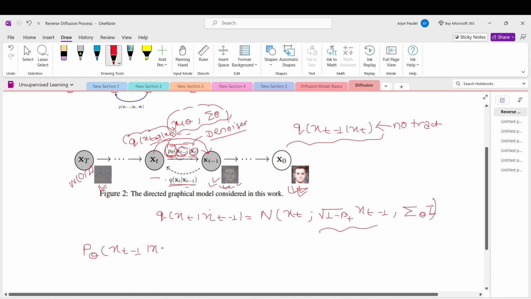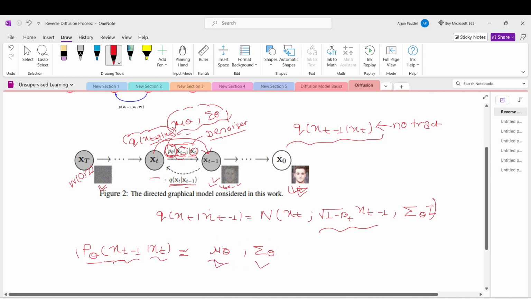This distribution can be obtained by learning mu theta, so we have to approximate it. For this distribution, we will find the mean and the variance.